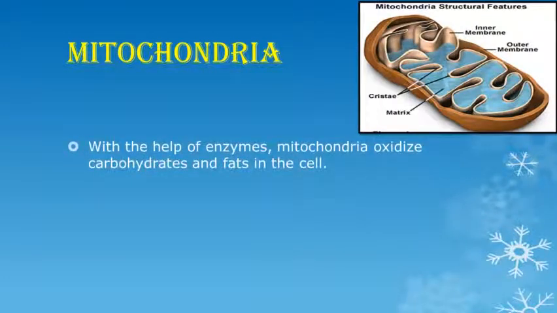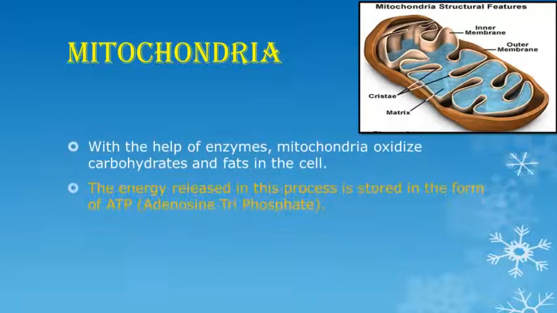With the help of enzymes, mitochondria oxidize carbohydrates and fats in the cells. That means the enzymes are present in the mitochondria. The carbohydrates and fats are oxidized, which means they react with oxygen, and the energy released in this process is stored in the form of ATP.